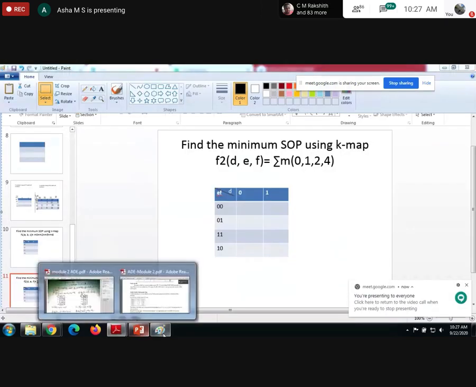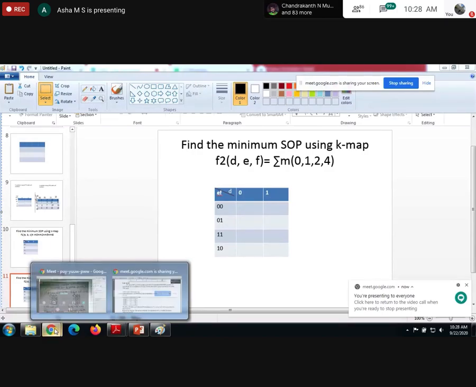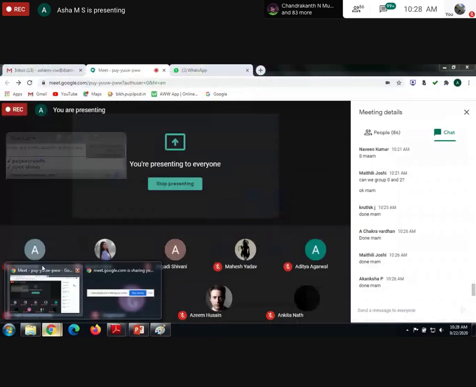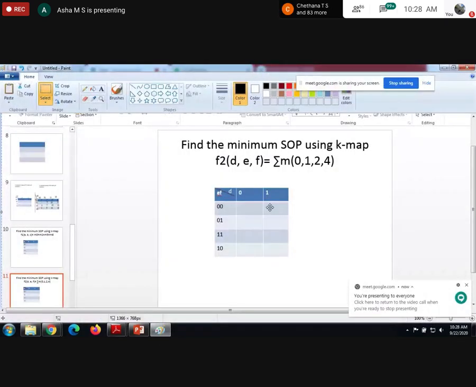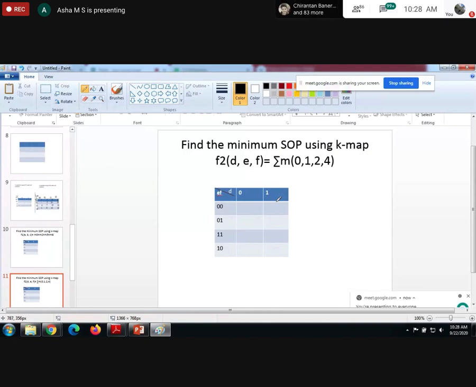If you copied, draw the K-map. Here we have not taken ABC, instead we have taken DEF. So plot the K-map for 3 variables.